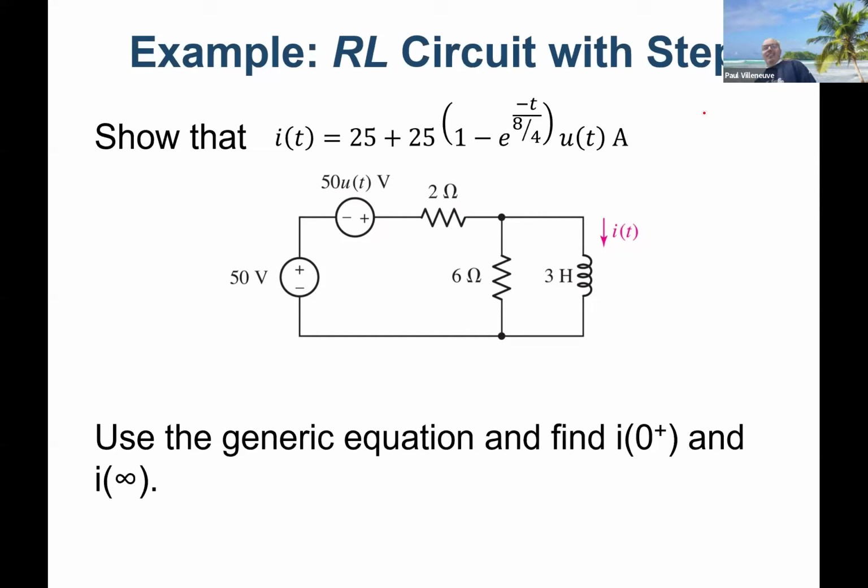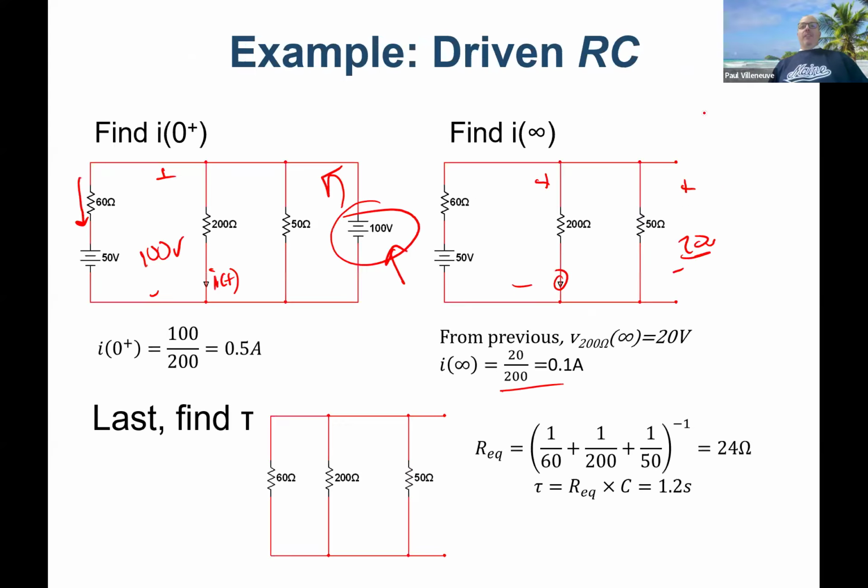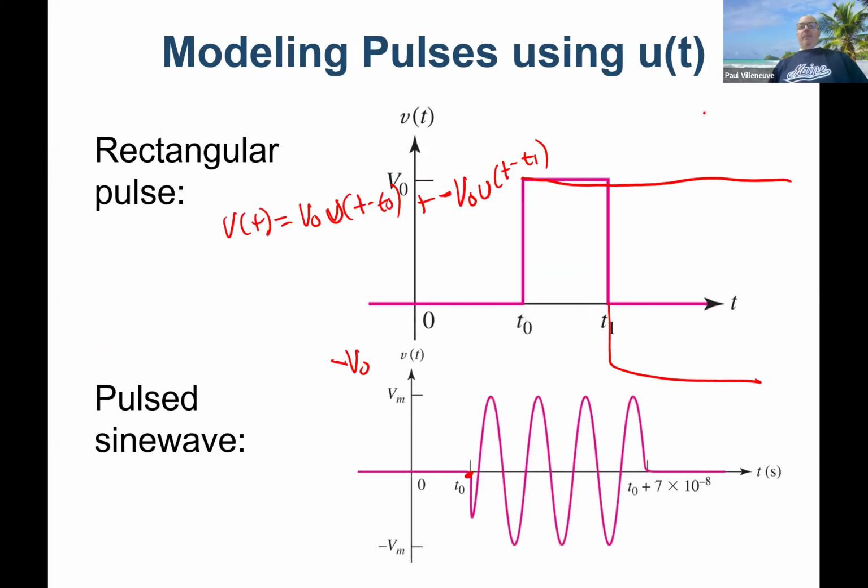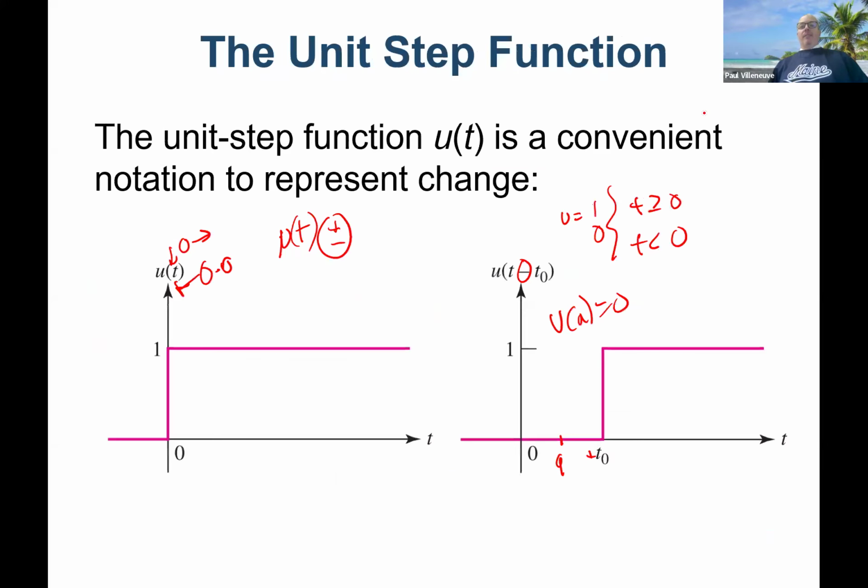Okay. What does 50 u of t look like prior to time t equals 0? What does 50 u of t look like prior to time 0?